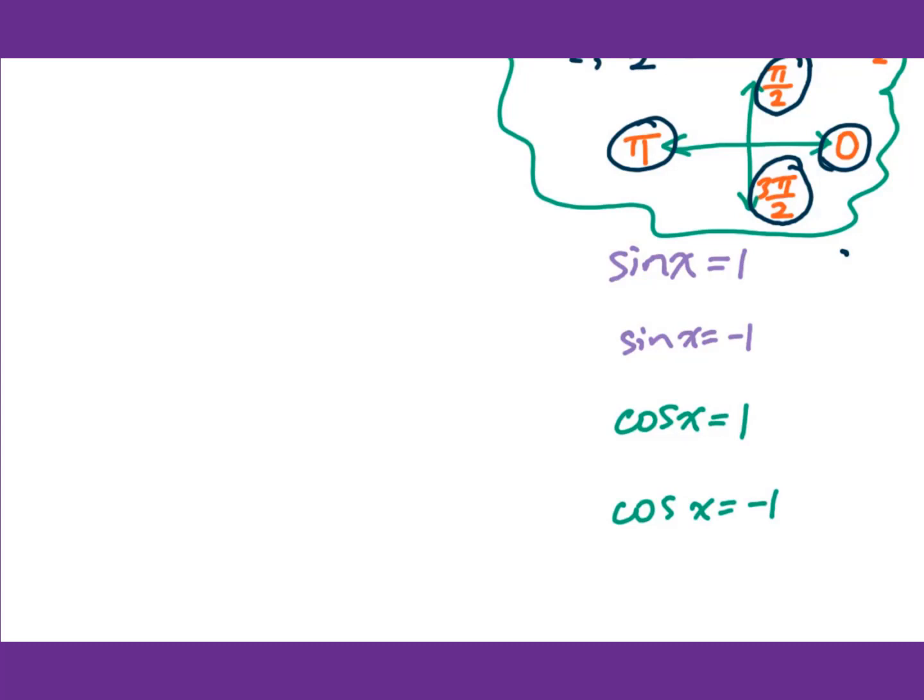Still, we need a reference angle. For sine, the reference angle is pi over 2. For cosine, the reference angle is 0.